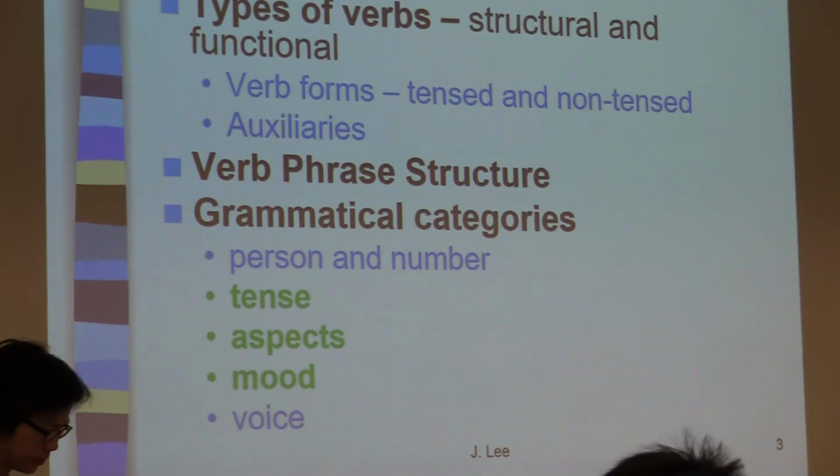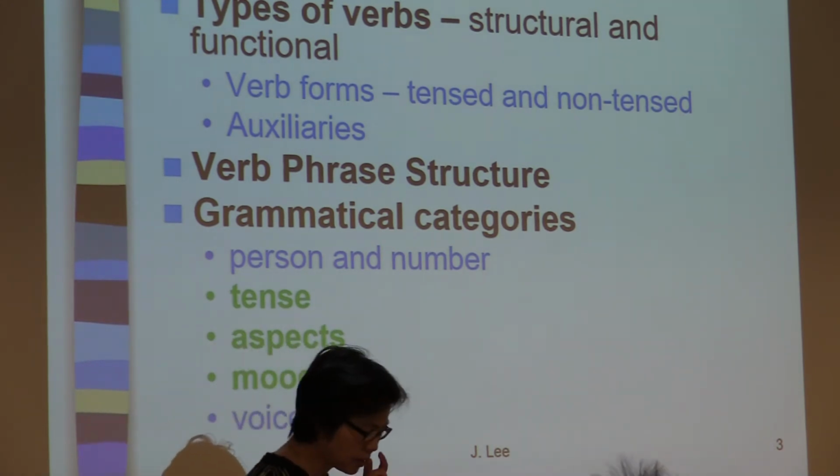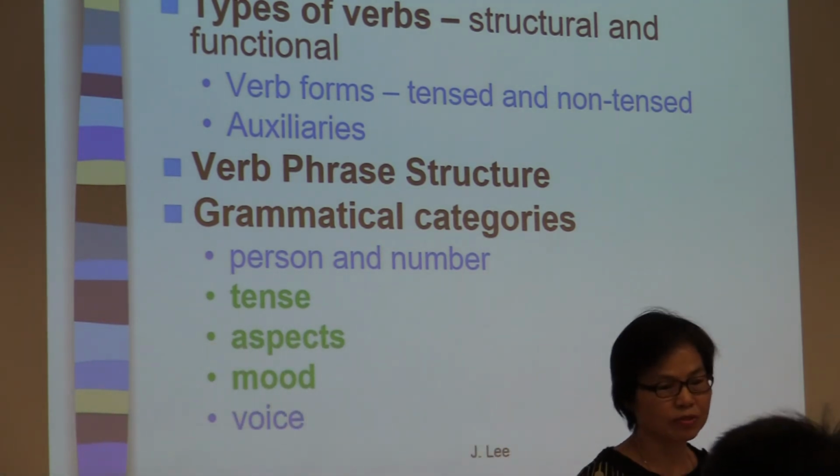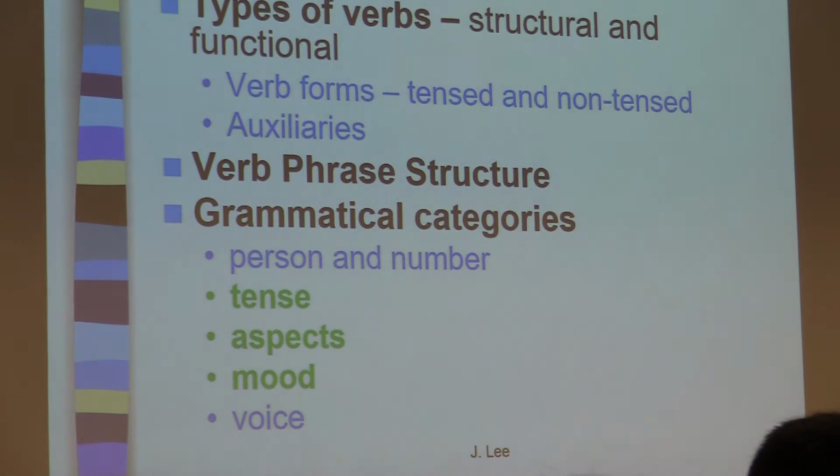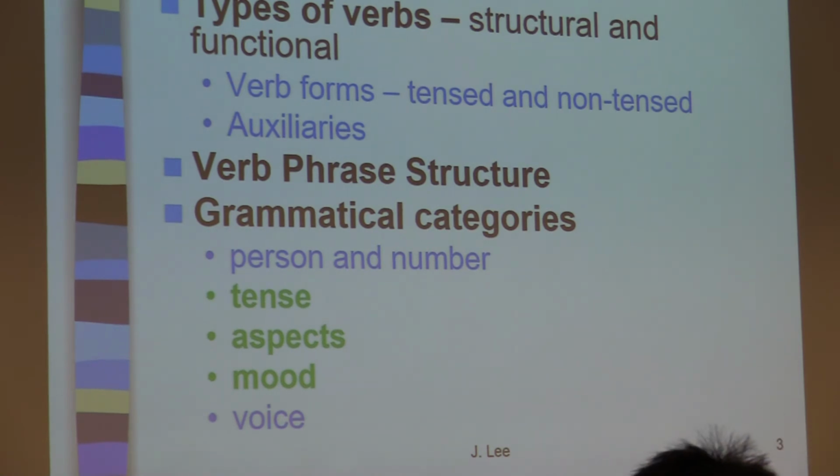Just like nouns, when we look at different types of verbs, we also look at the three characteristics: the distribution, the syntactic structure, the semantic meanings, and also the morphological structure, right? So, can you tell me, without referring to the text yet, morphological structure, what are the inflectional morphemes for a verb?